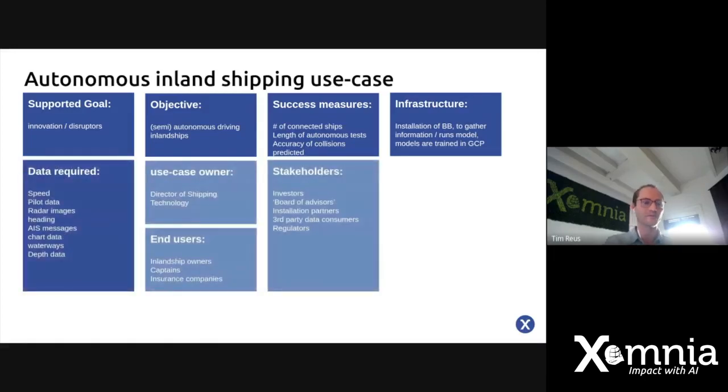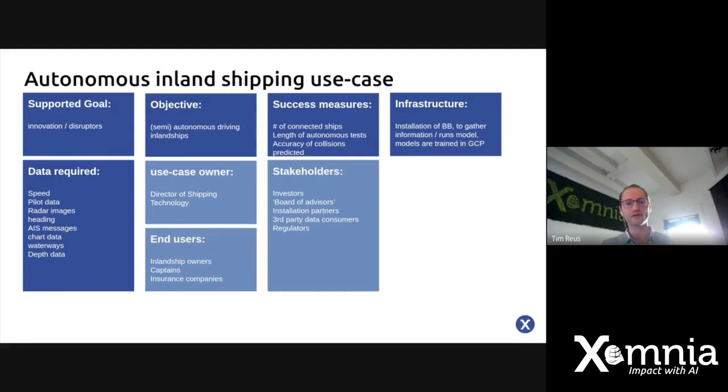Then think about the data that's going to be required. We need to know all the sensor data on the ship: the speed, the position, the heading, but also what a captain is doing at that specific time. Are they making changes, or are they looking at their radar? And the radar image is actually one of the main advantages here as well.